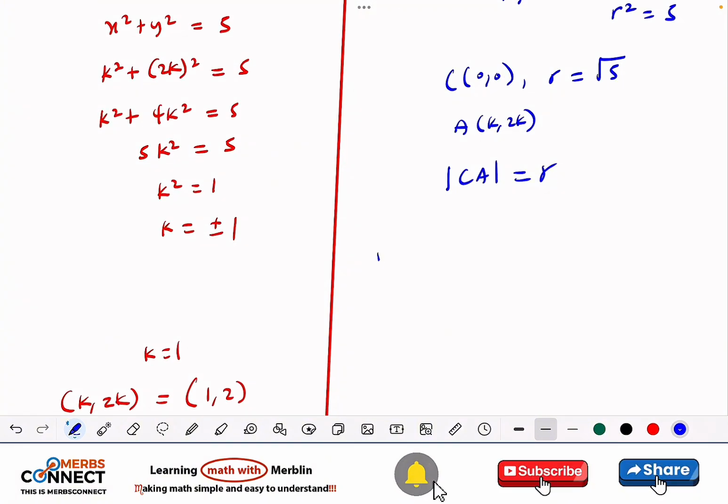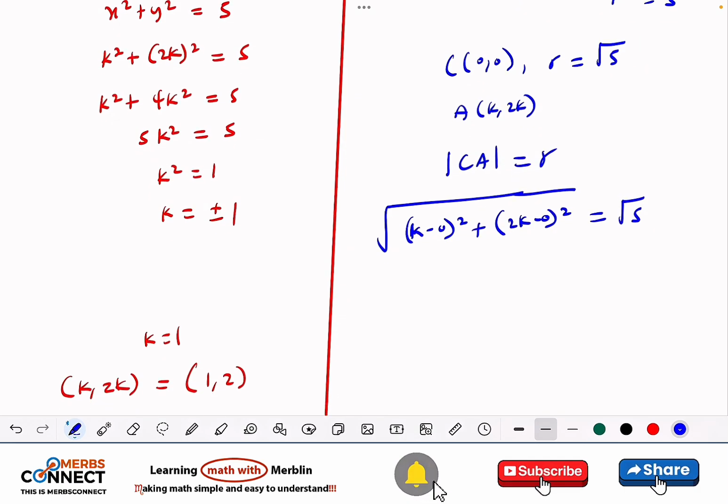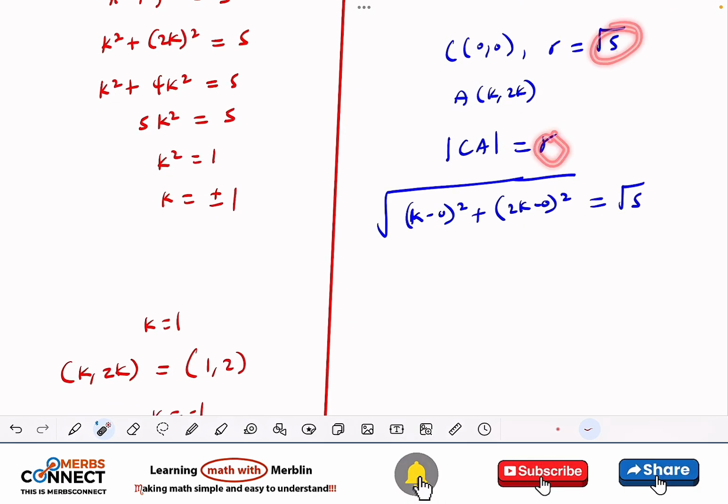Good. So let's find the distance between c and a. So it's going to be k minus 0 squared plus 2k minus 0 squared, which is equal to root 5, because r is root 5.